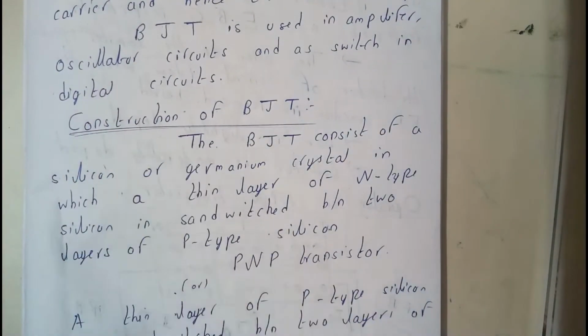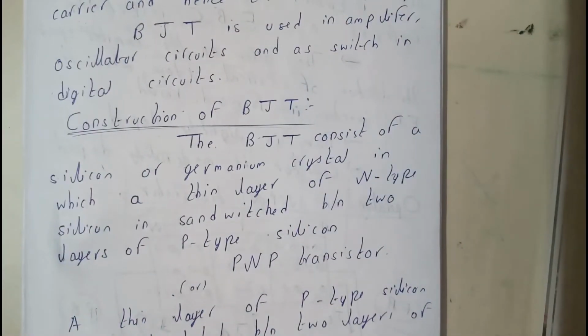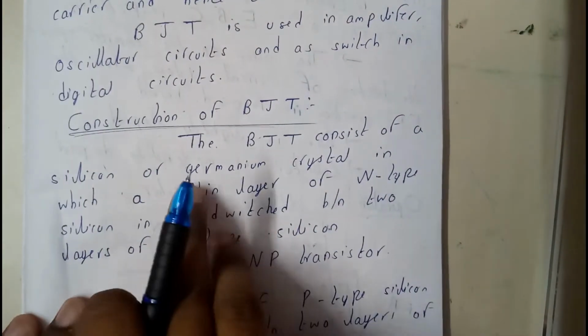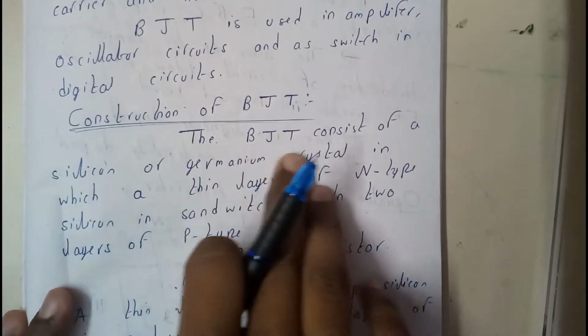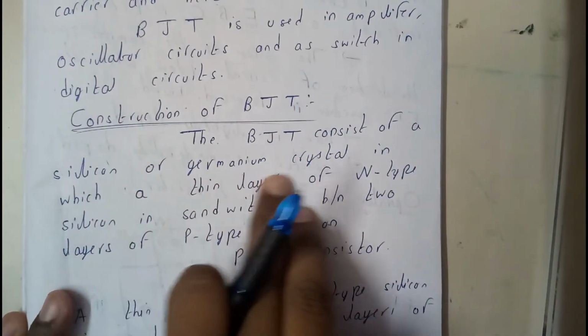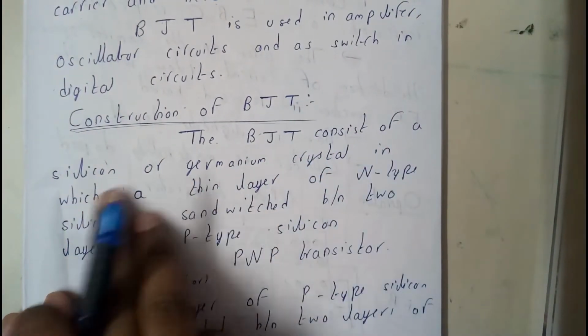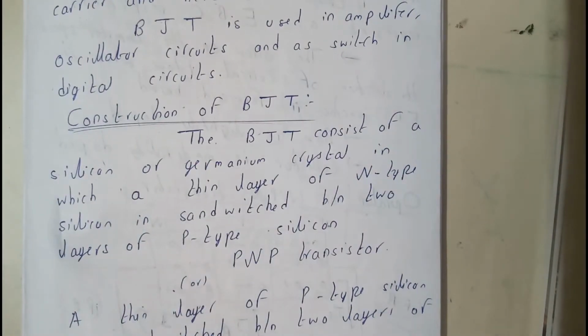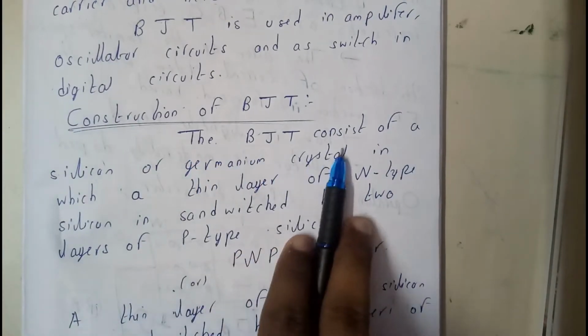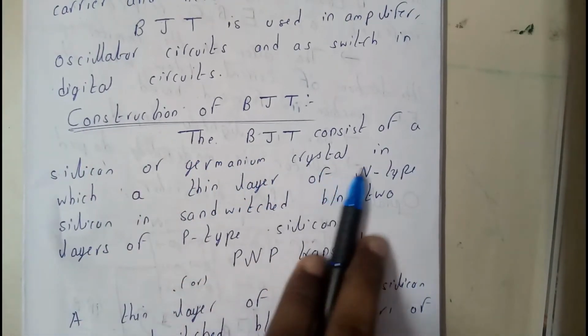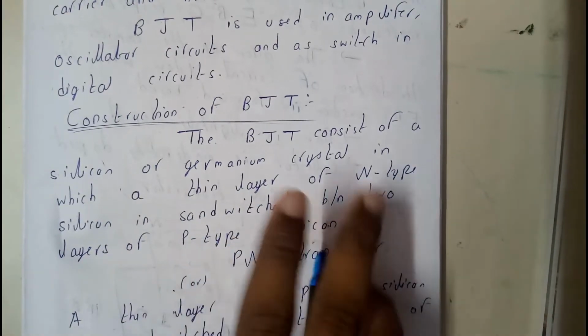Further moving on, let us go through the construction in this tutorial only. There is no time to waste here, so let us go through it. The BJT consists of a silicon or germanium crystal. Silicon and germanium are our semiconductors, right? So in the construction of BJT also we use those semiconductors only. There are two conditions.